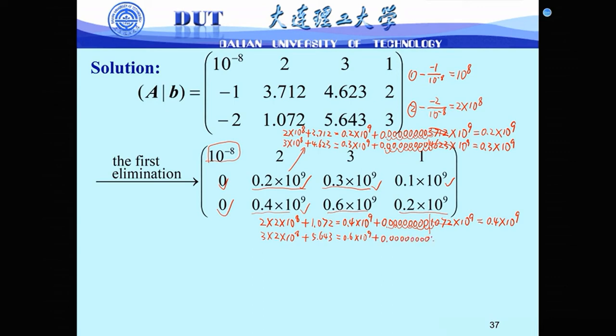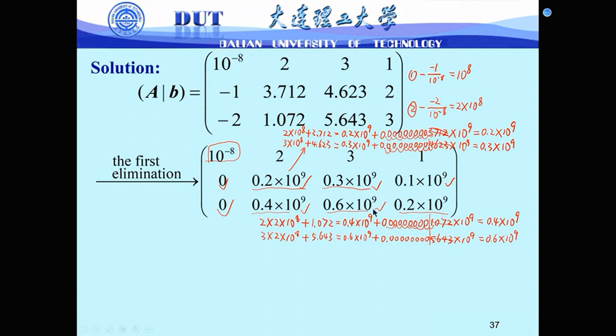Right? And then 5, 6, 4, and 3. Multiply 10 to 9. It's okay? So again, we can only use 8 digits, so these digits disappear. So the result is just 0.6 multiply 10 to 9. So this number is checked.